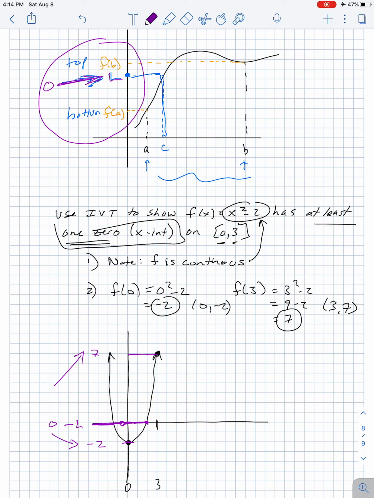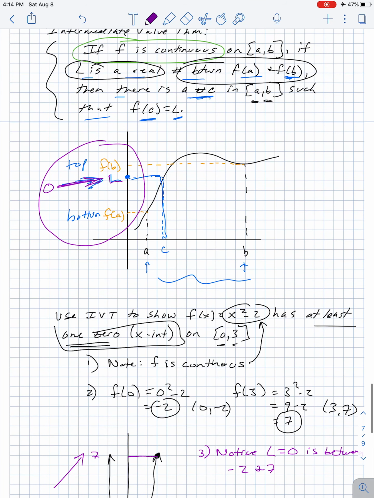So what I say is, my third step is I'm going to say, notice that L, I'm going to call it 0, L equals 0 is between -2 and 7. So what I've done is I have shown the two qualifications for the intermediate value theorem.